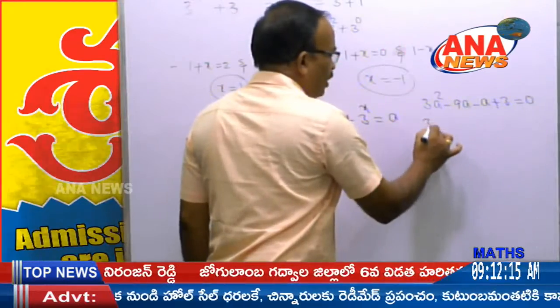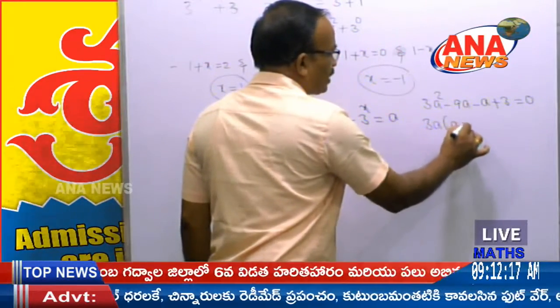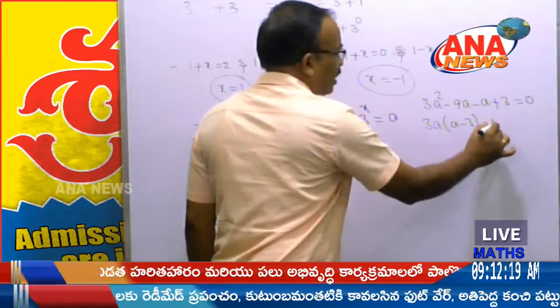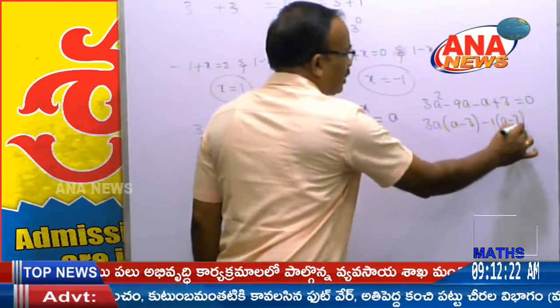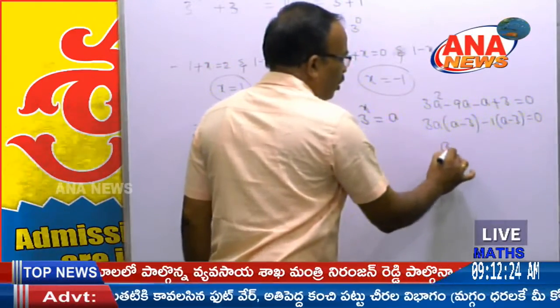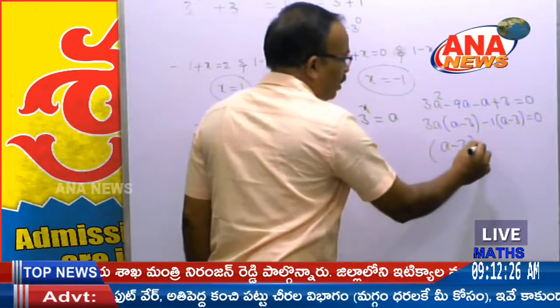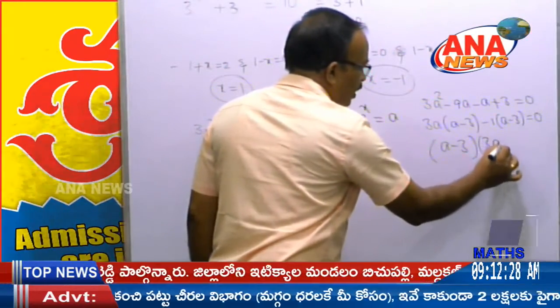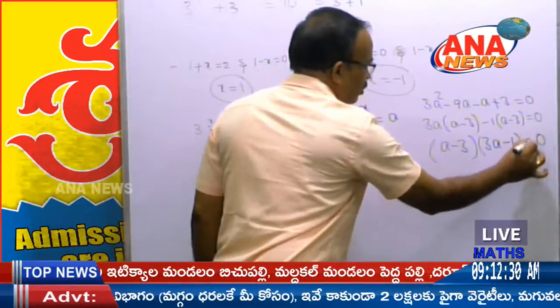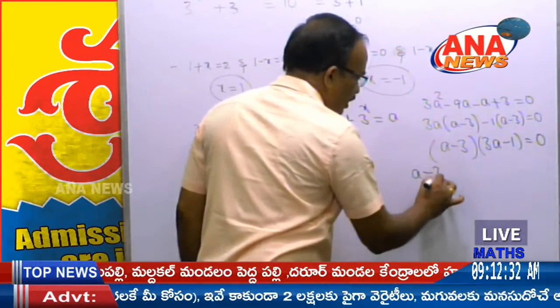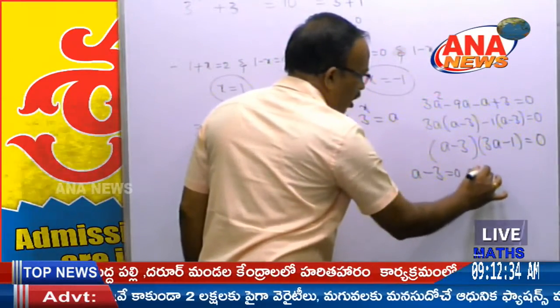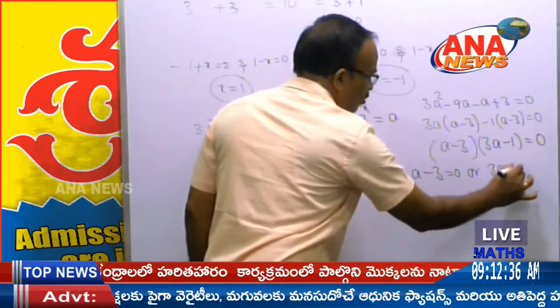So 3a common, a minus 3; here minus 1 common, a minus 3 is equal to 0. So a minus 3 into 3a minus 1 is equal to 0. So a minus 3 is equal to 0 or 3a minus 1 is equal to 0.